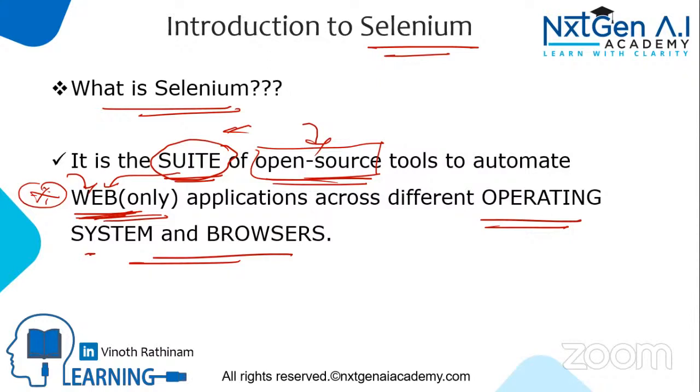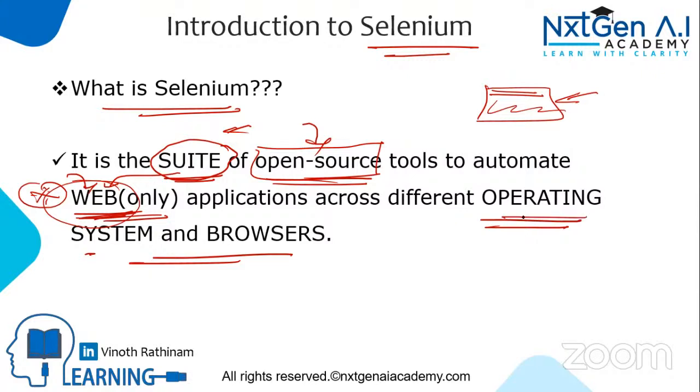And if you see a browser like Chrome, Firefox, then what else, Edge is there. So in a browser, if you can launch a URL and see, that means that falls under the web application. So remember one thing, Selenium is only for the web applications.